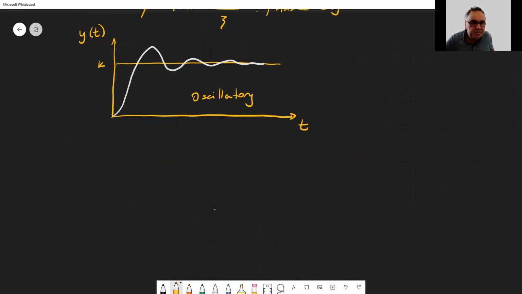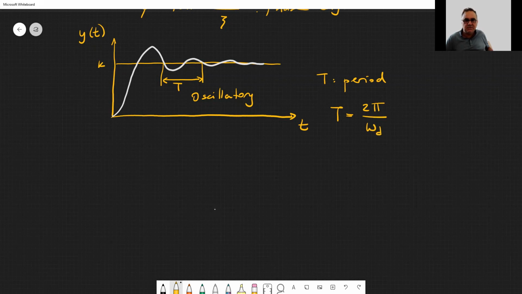First of all, the period of the oscillations, this is the period. The period of oscillations is 2 pi over the damped natural frequency, okay? And it is a constant. And the amplitude of oscillations depends on the damping ratio to a certain extent. Damping ratio actually determines the character of the oscillations.